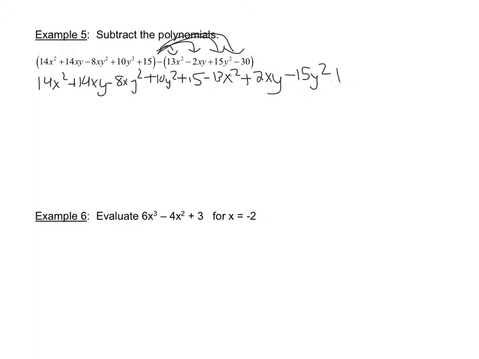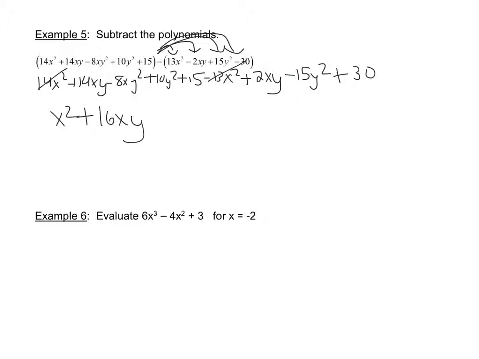So now we have everything, so now you just go through and combine like terms. 14x squared minus 13x squared is x squared, because it's 1. 14xy plus 2xy, 16xy.